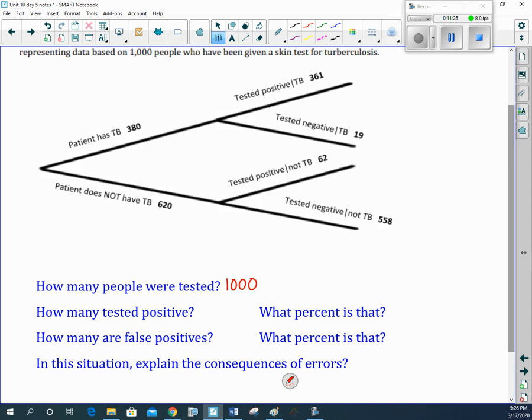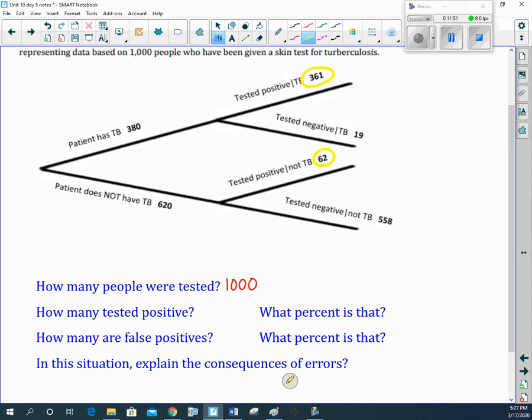Okay. How many tested positive? Okay, so we need to come back up here and look at our diagram and figure out where the testing positive people are. So right here says tested positive for TB. That was 361. And these guys tested positive down here, even though they didn't have TB. That's 62.